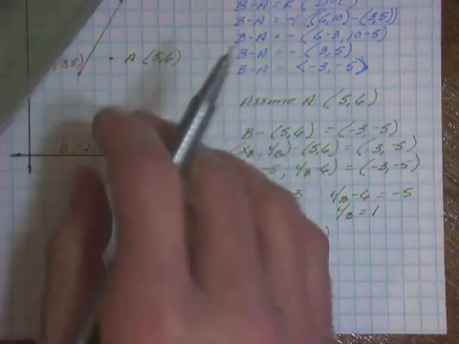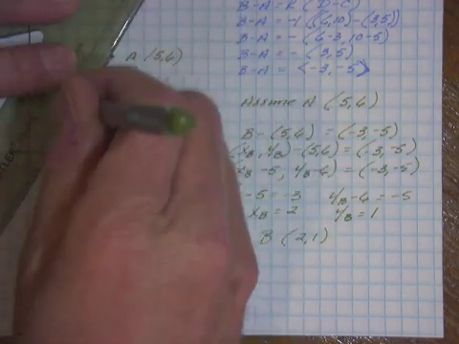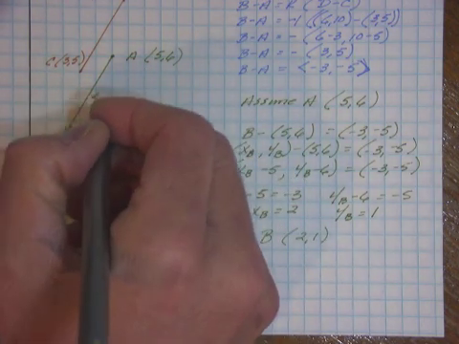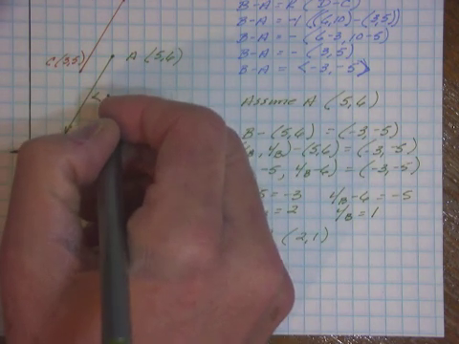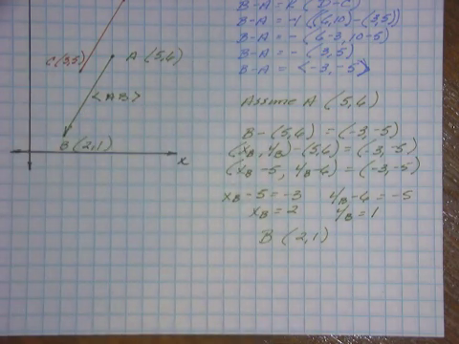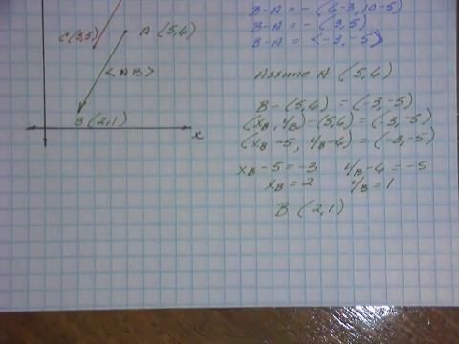So my new point B is at 2, 1. And look, guess where it is? Point B is, in fact, at 2, 1. So that vector that is equal in magnitude but opposite in direction is vector AB.